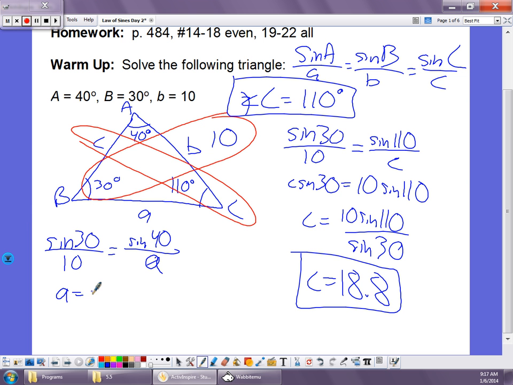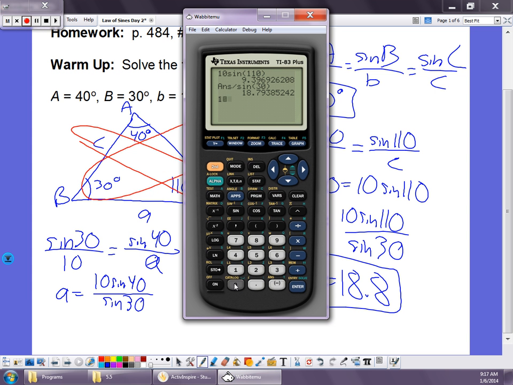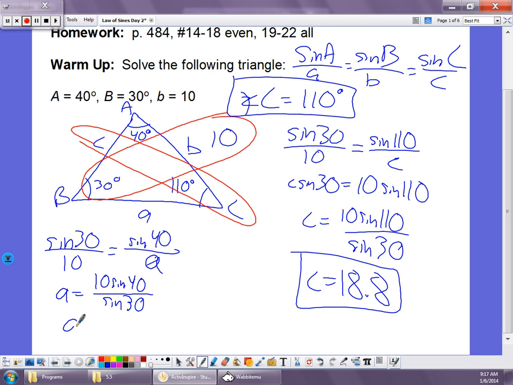So you'd get A equals 10 sine 40 over sine 30. And you get 12.9. And that's really all we did last class.